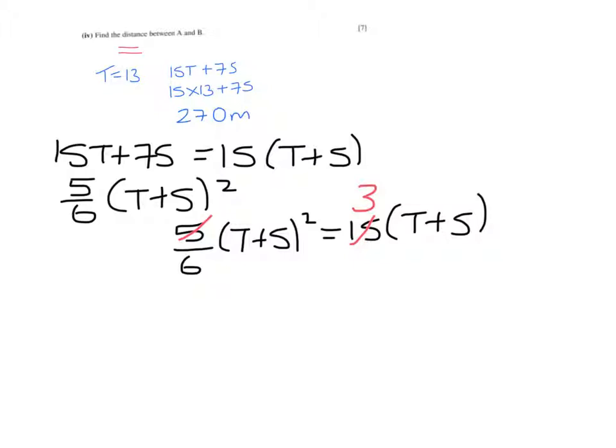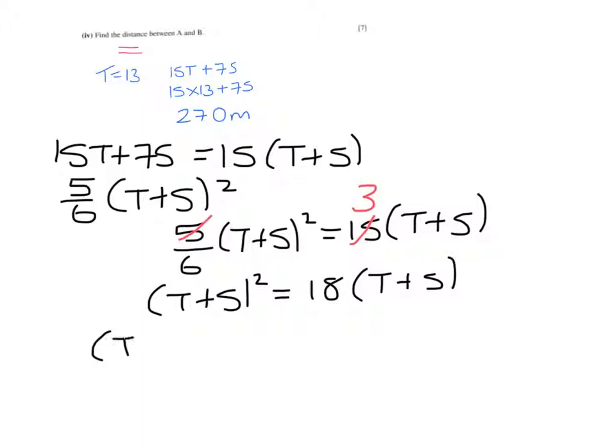And if we then multiply across by the 6, we get that t plus 5 all squared equals 18 upon t plus 5. So t plus 5 all squared minus 18 upon t plus 5 has to equal 0.